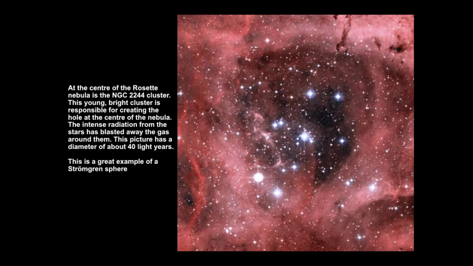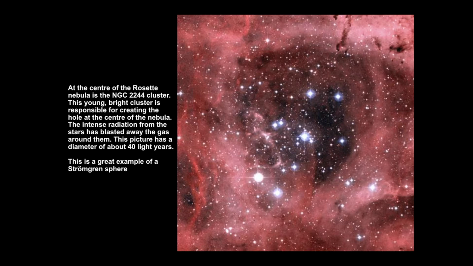So we have this kind of gap, and the gap is created because the stars are so incredibly hot that they emit so much radiation that the hydrogen atoms that are there stay ionized, and as they stay ionized, the electrons cannot recombine in order to emit that light. On the edge of it is where the intensity of the radiation drops off enough that the electrons can recombine and emit light.